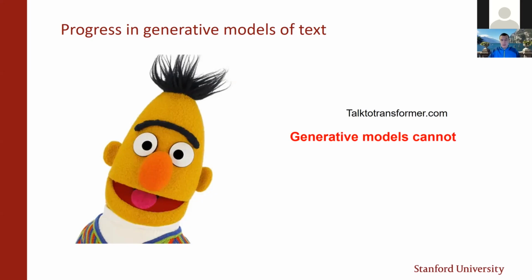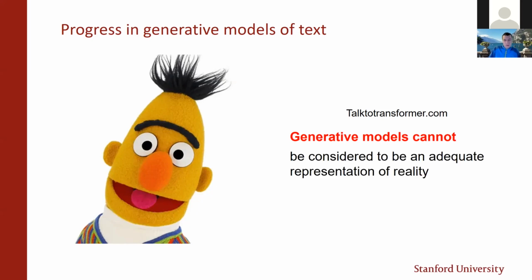And these models, again, they're not perfect, but they can generate reasonable text. If you take a GPT model and you start a sentence saying generative models cannot, it will complete it with something like this: it cannot be considered to be an adequate representation of reality. So maybe they know what they don't know.